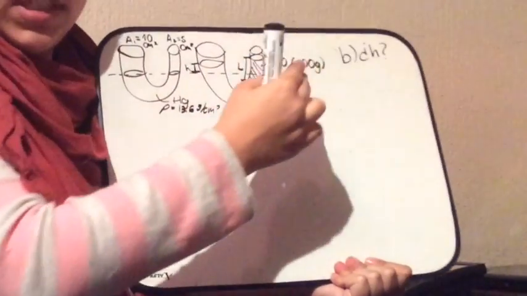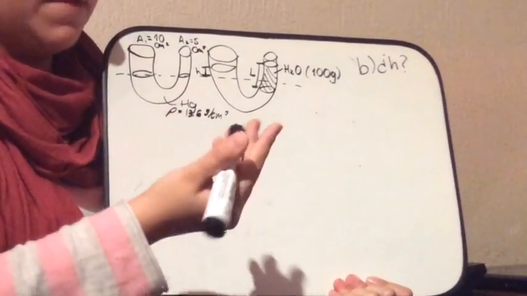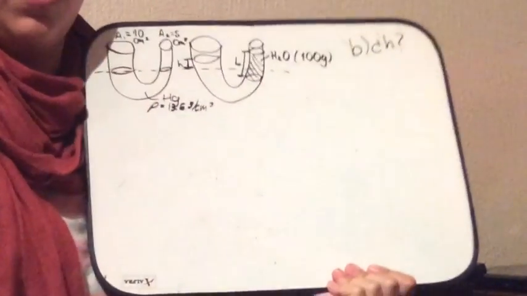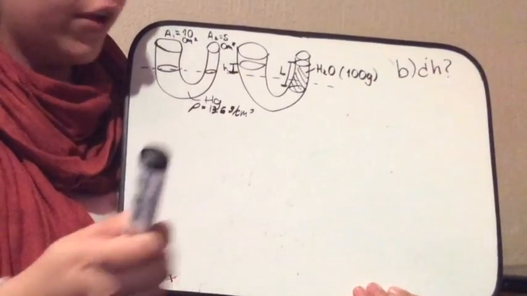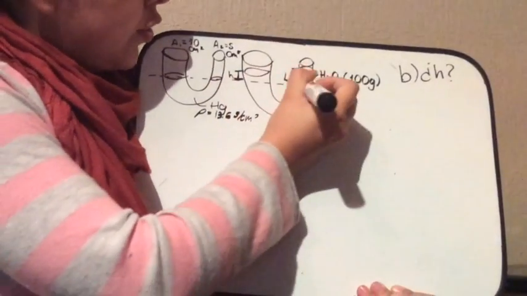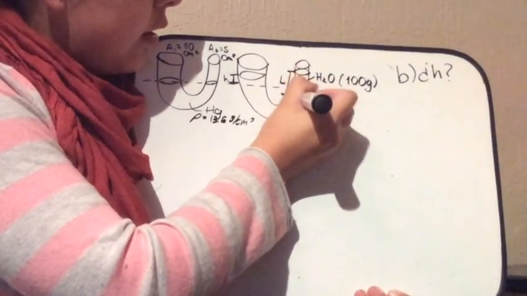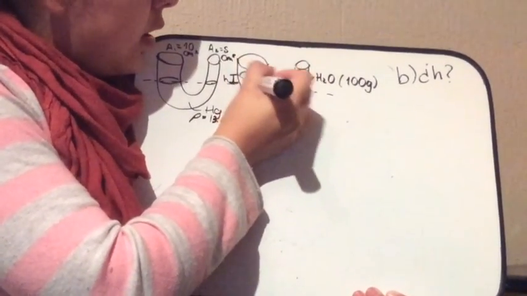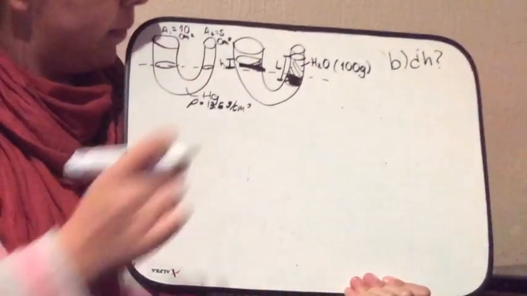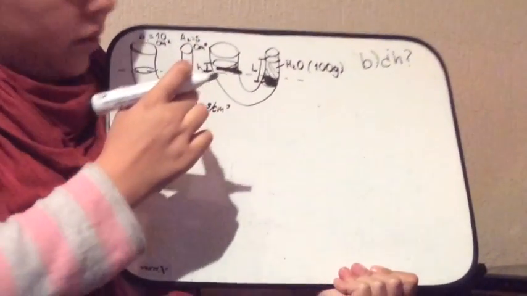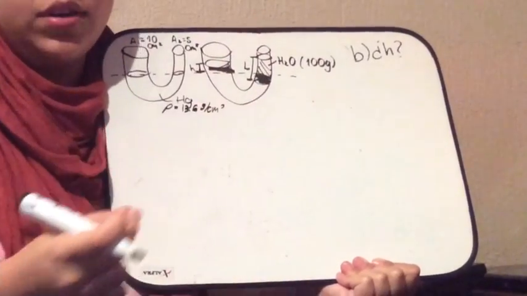Once the water is added, how many centimeters does it make mercury go up? So as we know, the volume that is transferred here should be equal to the one right here, because it is a difference between what is happening here and what is happening here.